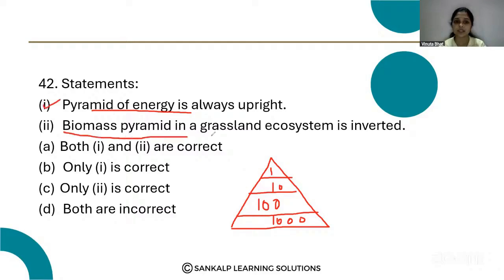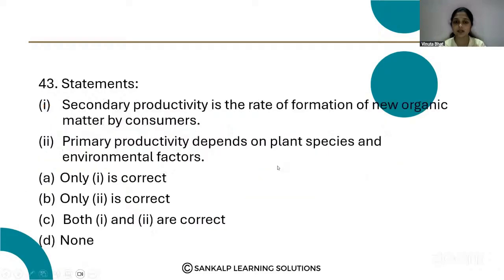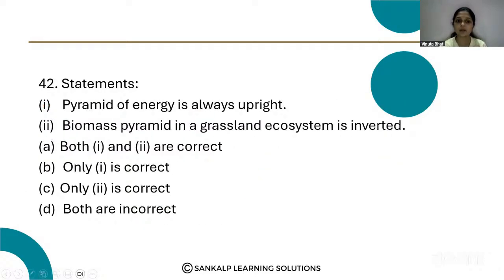Biomass pyramid in a grassland ecosystem is inverted. When we consider the grassland ecosystem, the organic mass of the grass is high compared to the next level. So the biomass pyramid in a grassland ecosystem being inverted is the wrong one.